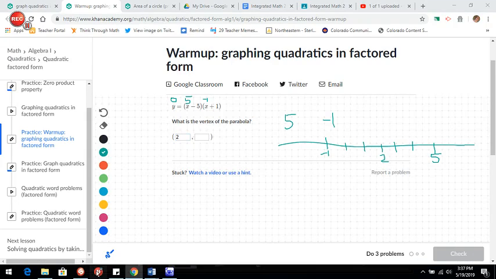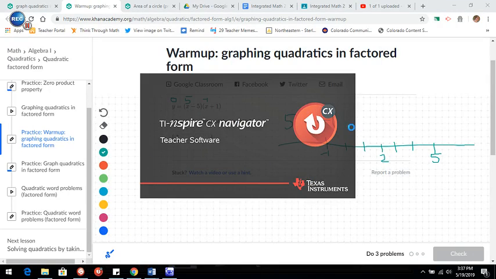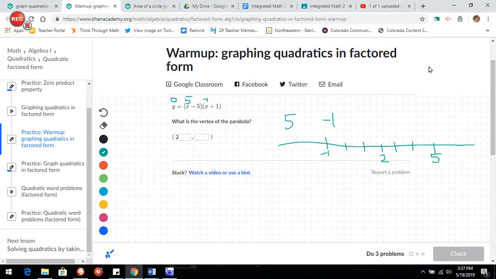Now I'm going to show you a shortcut here on the calculator. You can do this by hand, it's very easy, but I know some of you might benefit from this.